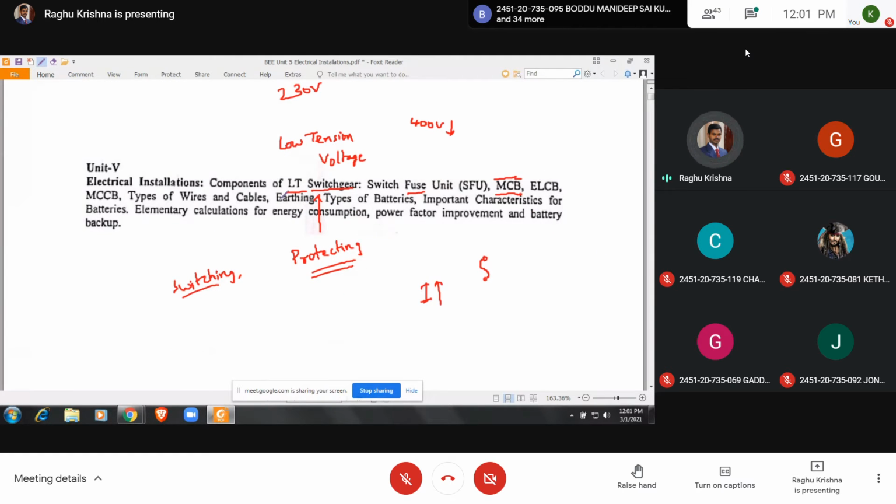So ELCB, MCCB will be there. Types of wires and cables. Earthing, what is meant by earthing? Earthing means we connect the metal parts of an equipment to ground. If you take any refrigerator and there is no earthing, then charges will appear on the metal parts of the equipment.